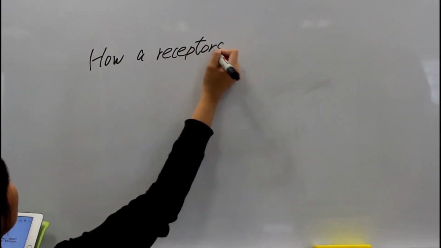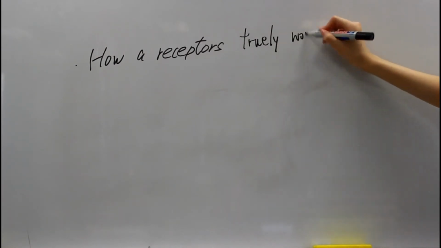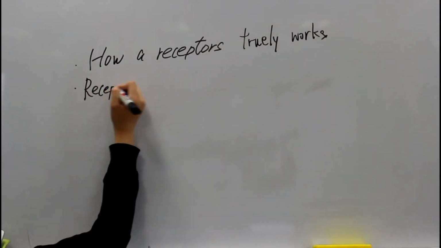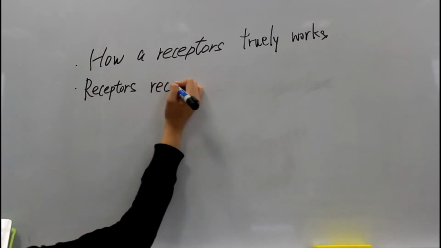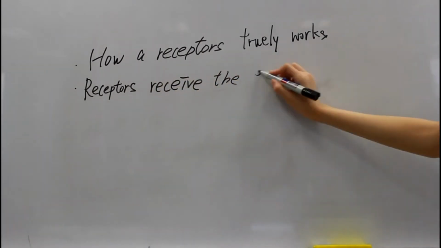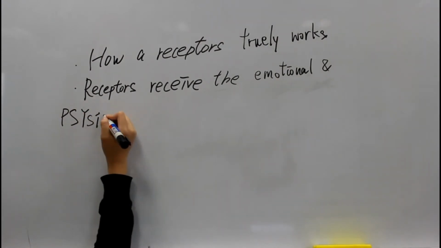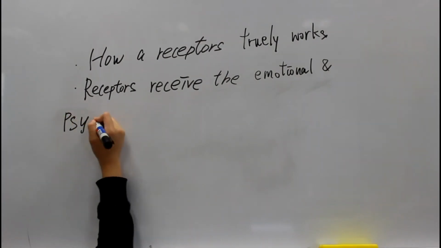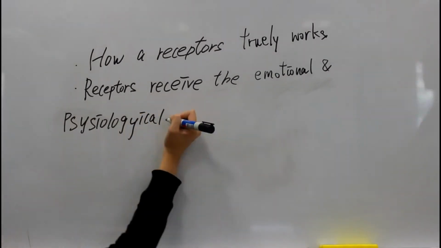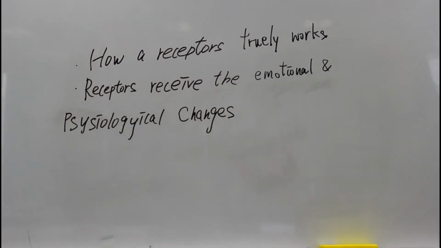After we completed this experiment, we learned how receptors truly work. A receptor receives the emotional and psychological changes of the subject. We could observe this change by reading the data to determine whether the subject is lying or not.